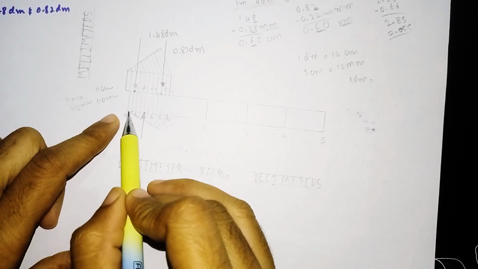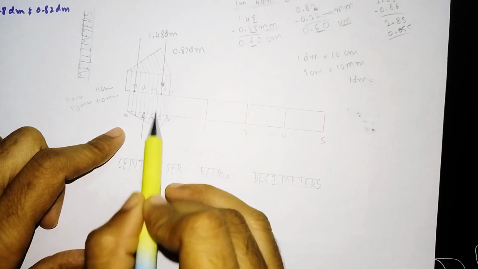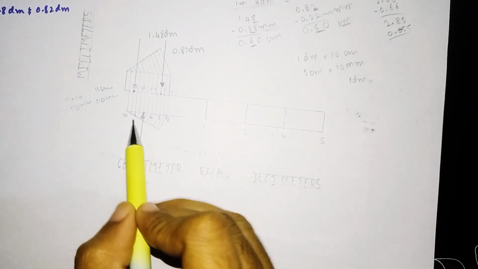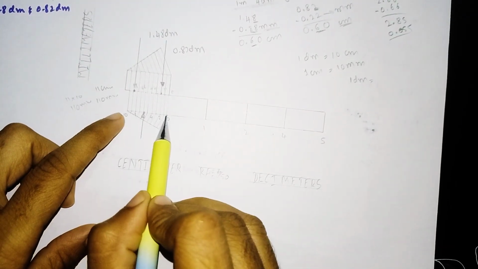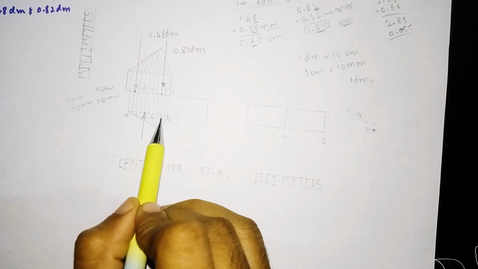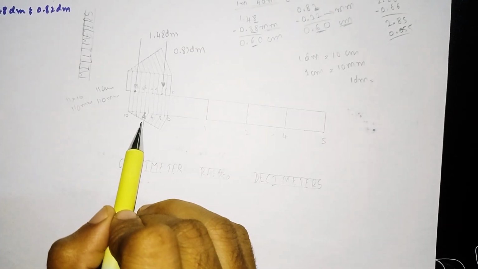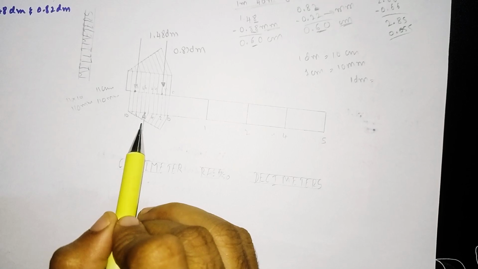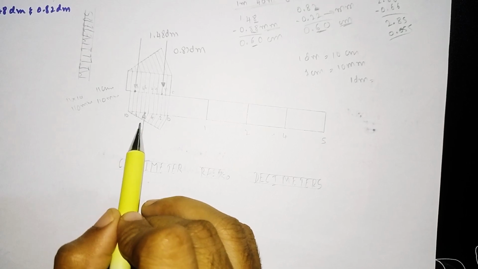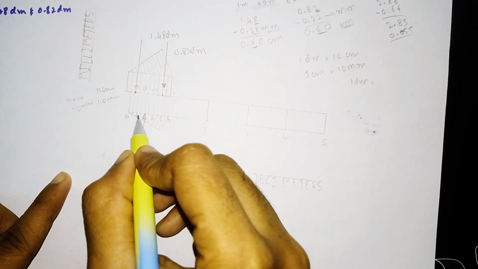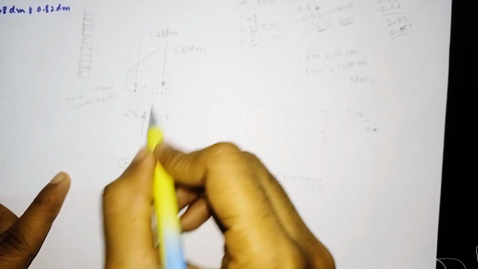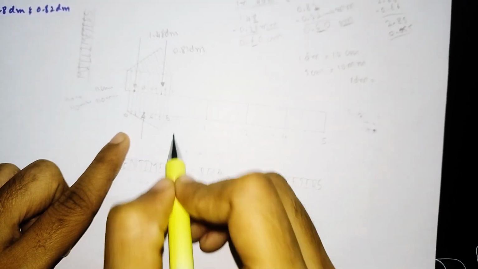For that I am dividing this part into 10 equal parts. This is from here to here. I know this is 2 centimeter. For 2 centimeter, to make 10 equal parts of 2 centimeter, I have to mark each 2 mm, and then I have to trace the line here.